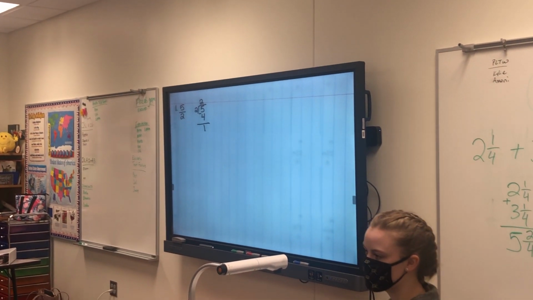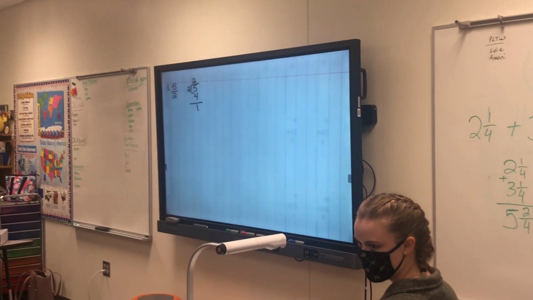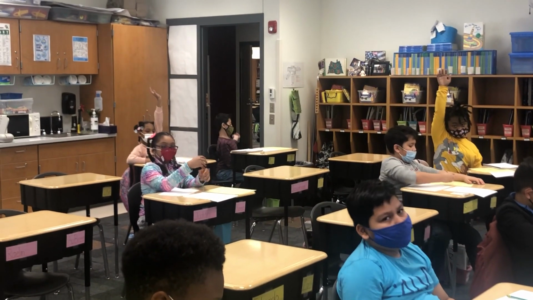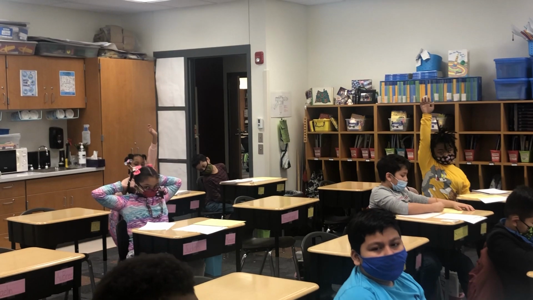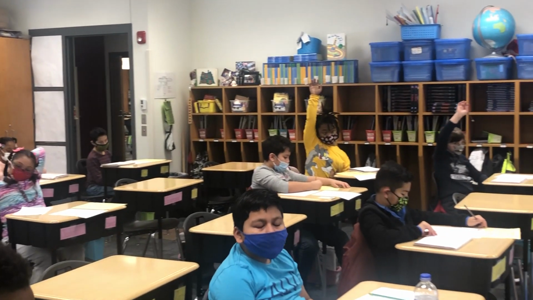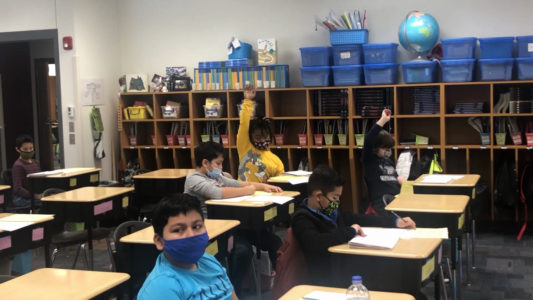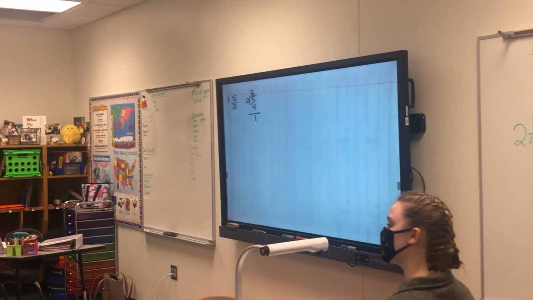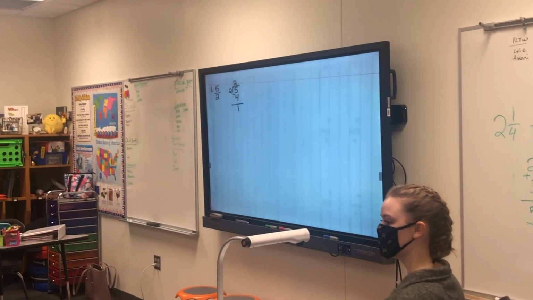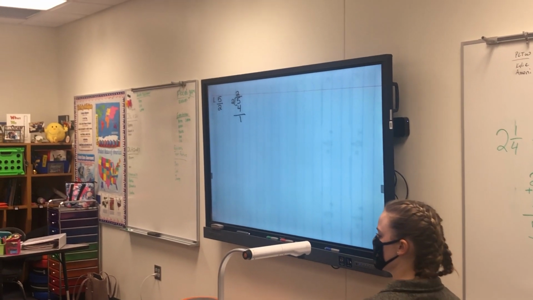It has all the steps written on there. So we just finished our division problem, and now we're working on building our mixed number. Our remainder is 5 and 2. Not quite. Who can help Jalen out?